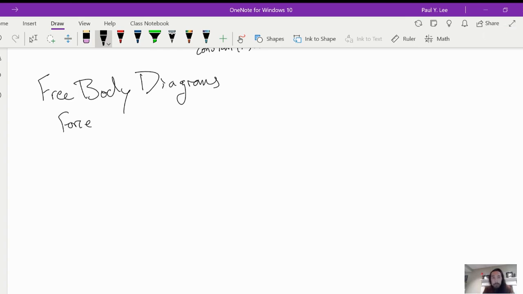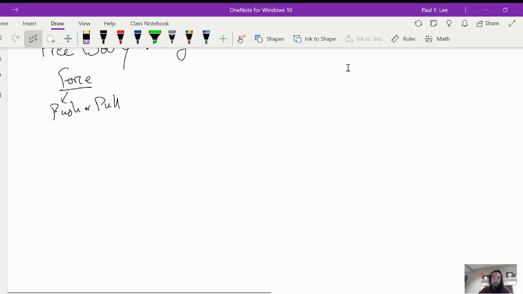By the way, a force is what we defined earlier, a push or a pull, okay? A force is either a push or a pull that is acting on a single object. So the best way to really do this is to go over a couple of examples, but there's a couple of rules that I want to go over as examples show up.